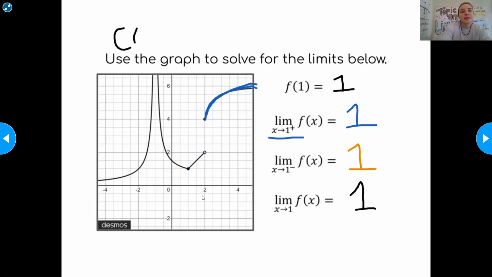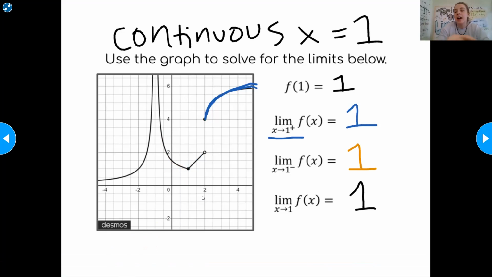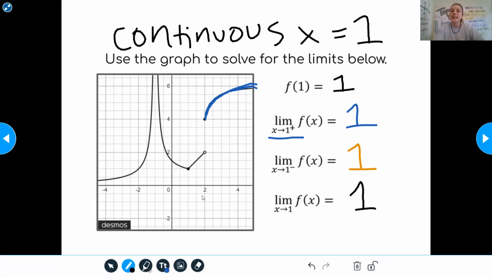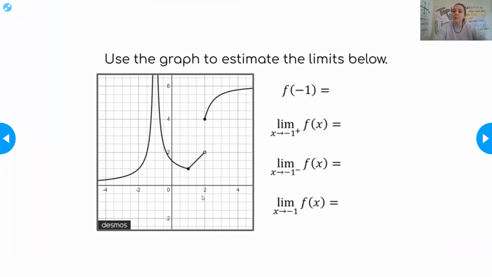So this means that this function is actually continuous at x equals 1. We'll learn more about continuity in our next topic, but I just want to let you know that since all of these are equal to the same thing, that means your function is continuous at 1.